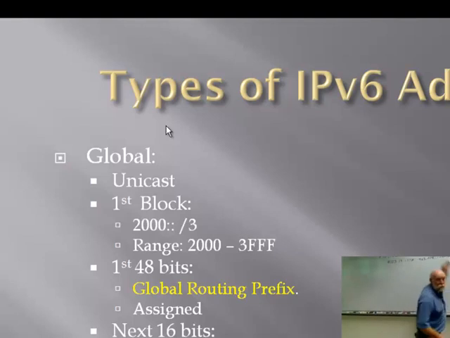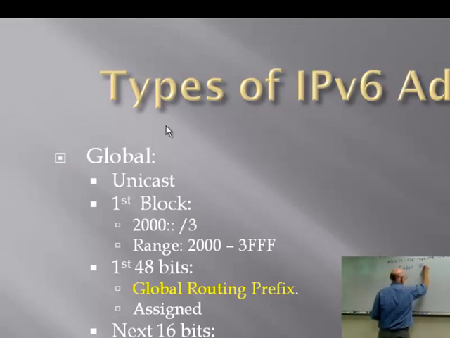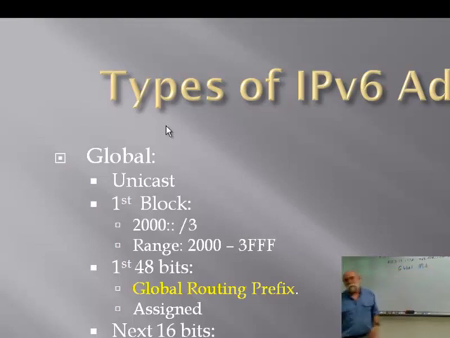The first one I'll talk about is a global IPv6 address. The first block of the global ranges from 2000 to 3FFF. You got a global, okay?